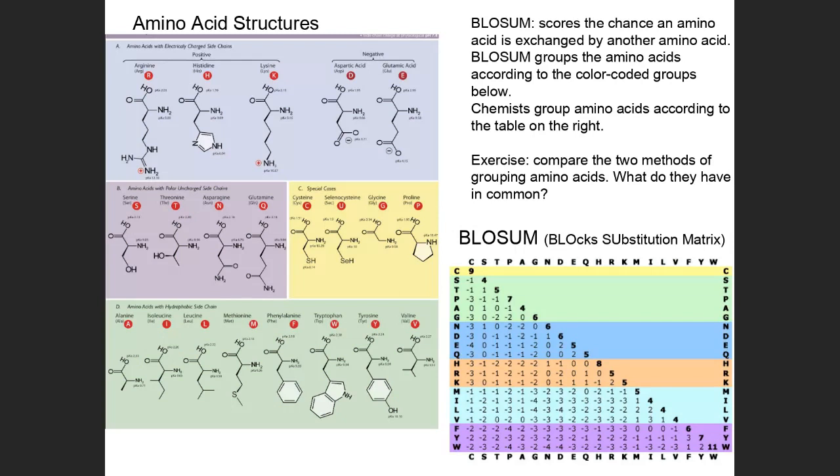All right, so this is the part that I wanted you to stare at here, the amino acid structures. I pointed out that cysteine has a high score for cysteine, and I pointed out that tryptophan has a high score for staying tryptophan. So the easiest way to address this is, what's special about tryptophan and what's special about cysteine?